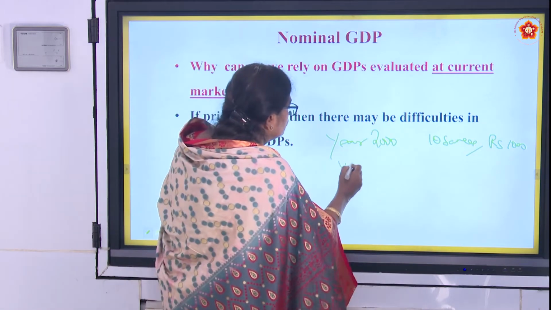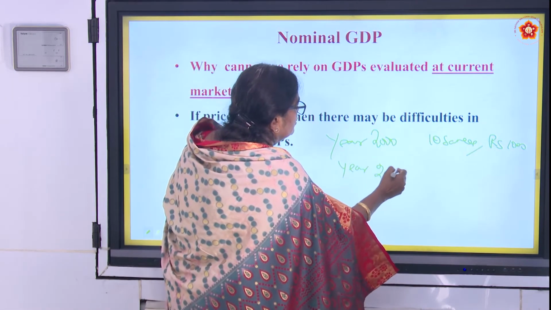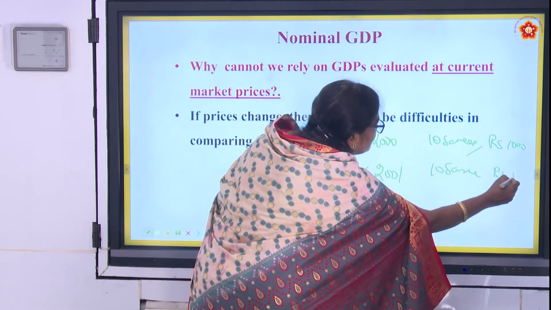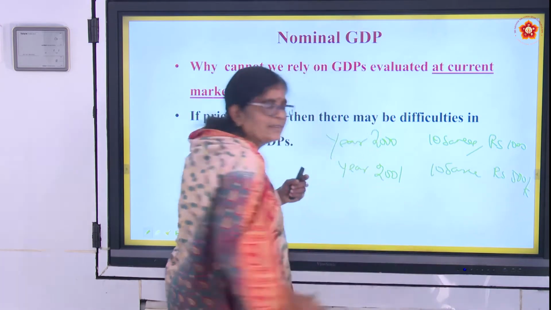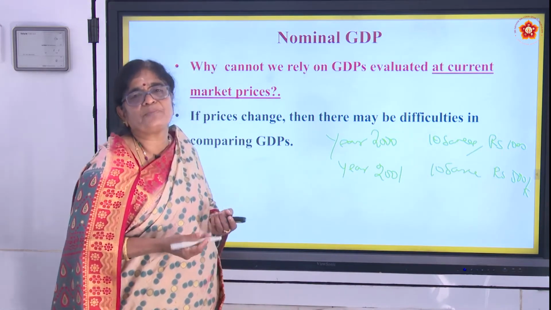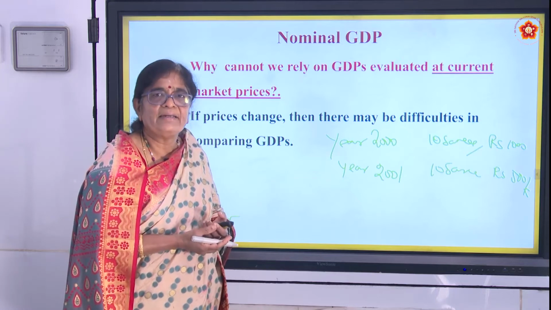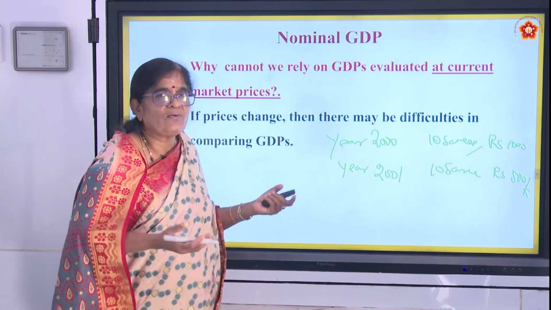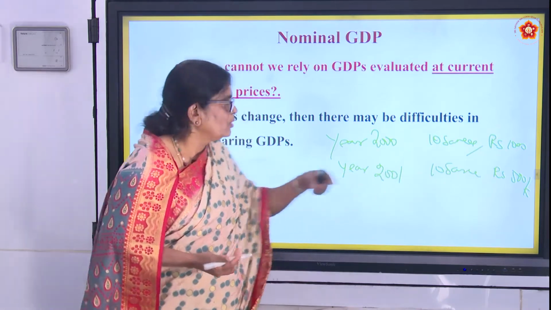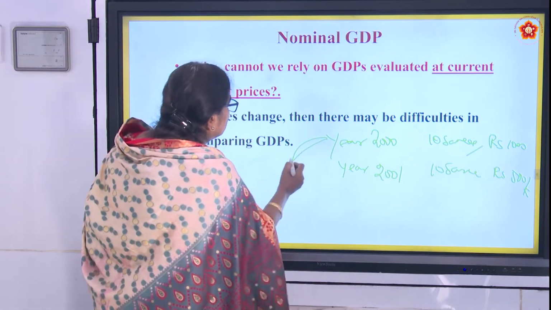Now, year 2001, the same variety of 10 saris, now the price is 500, declined, because nobody is able to buy the saris, as people didn't have money in their hand. You can say recession in the economy, like COVID time, people don't have enough money, therefore the price of the sari has come down. Now, year 2000, what is the GDP?